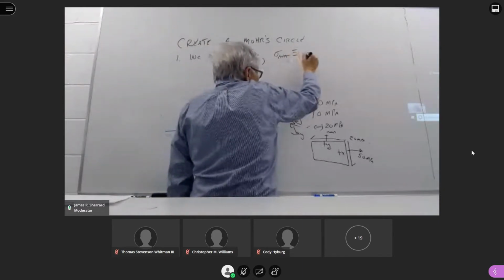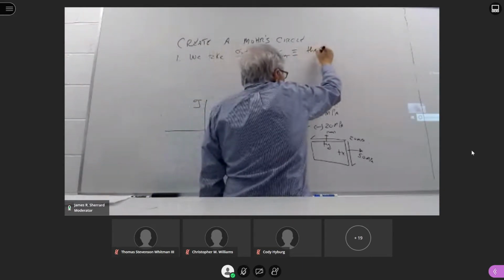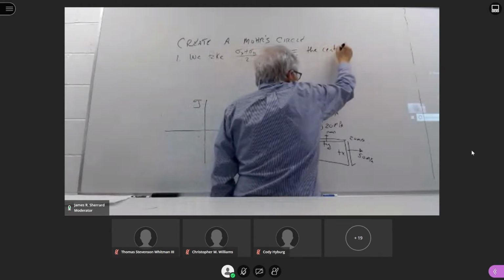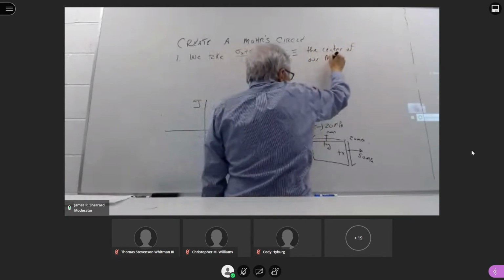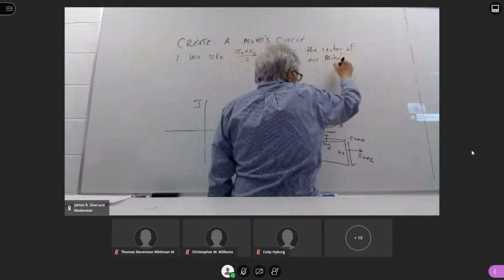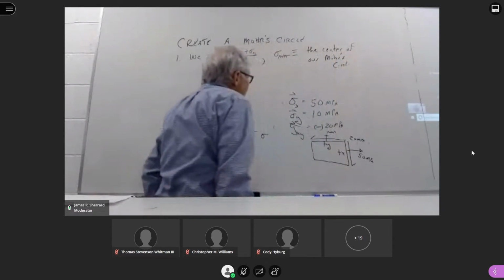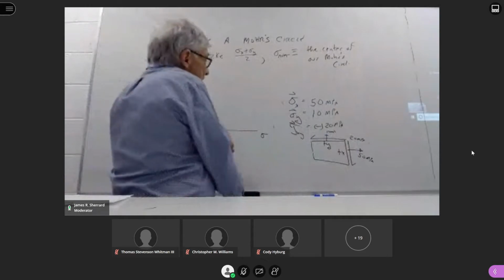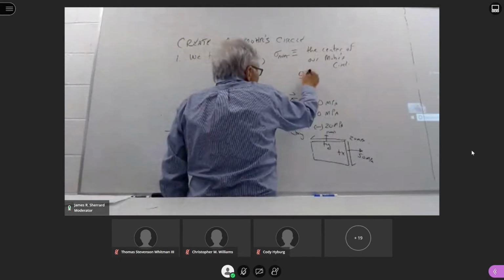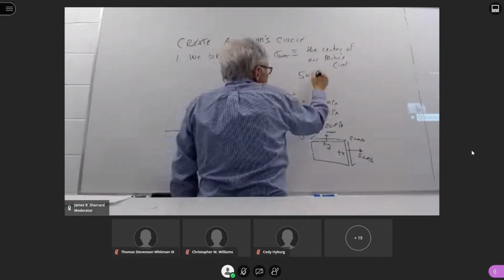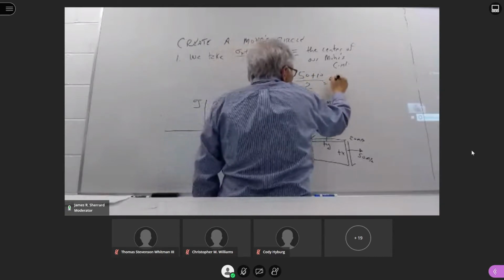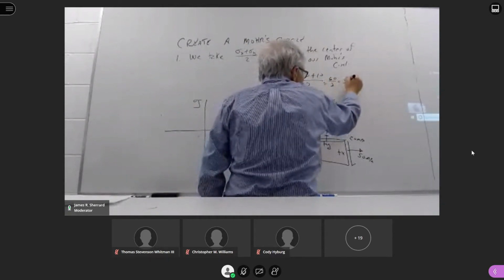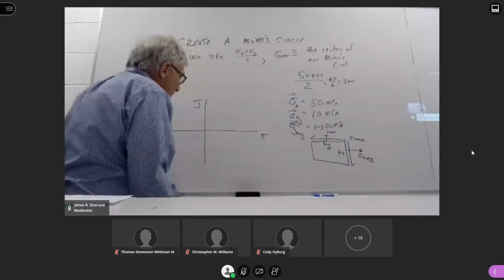And sigma average is the center of our Mohr circle. So in this particular case, we have 50 plus 10 divided by 2. So that's 60 divided by 2. So that is 30 megapascals.